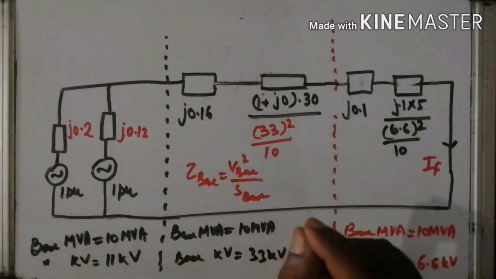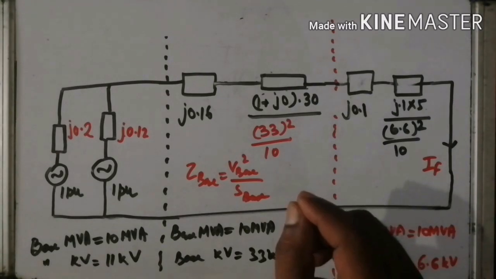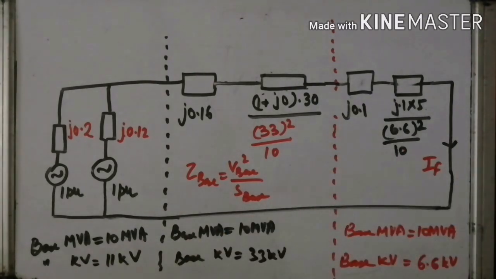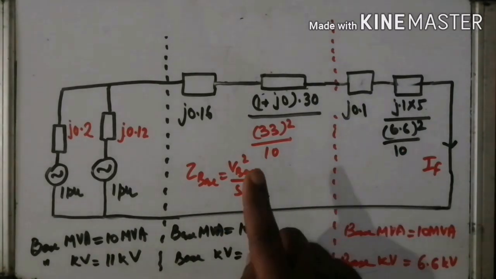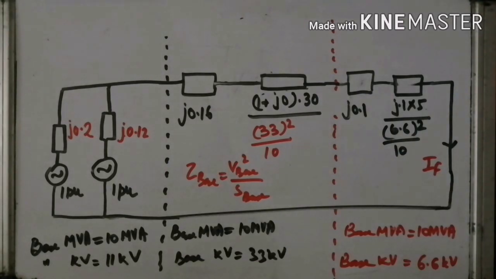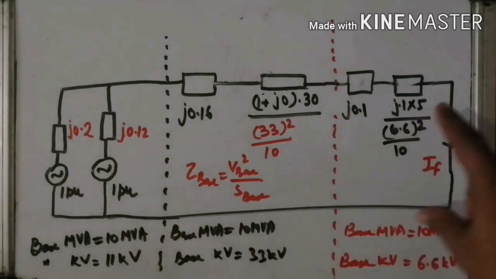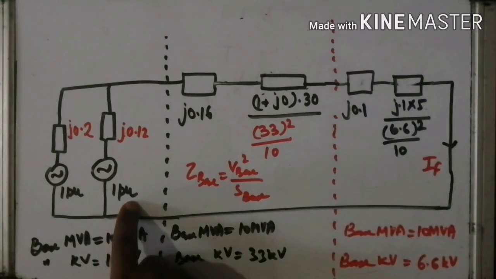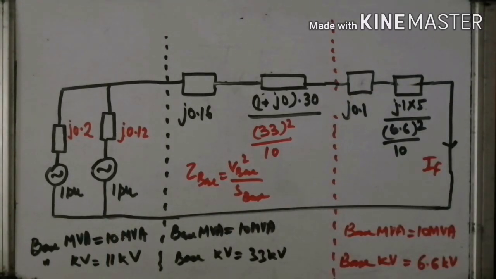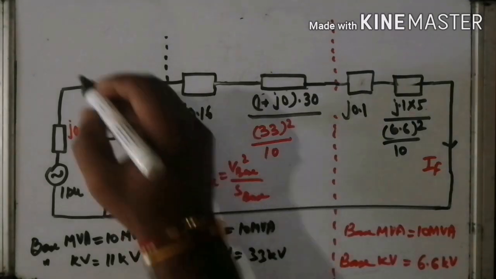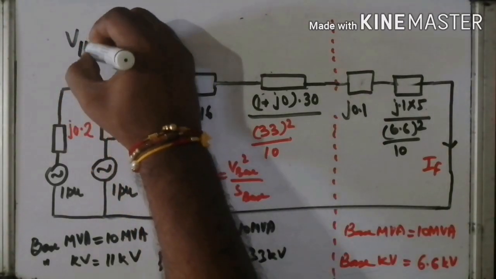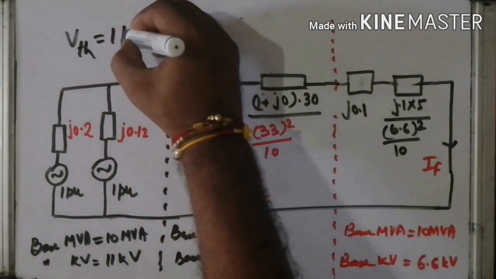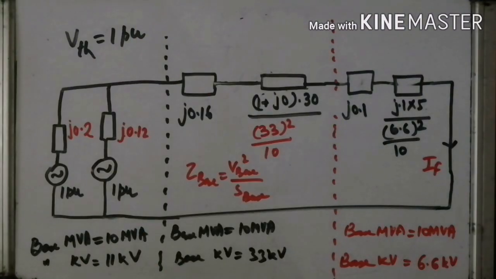If the condition is given that the system is operating at no load rated voltage condition before the fault occurs, that's why the voltage across these two terminals is 1 pu, right? Voltage, that is Thevenin equivalent voltage, is 1 pu. Now I'm going to calculate ZTH.